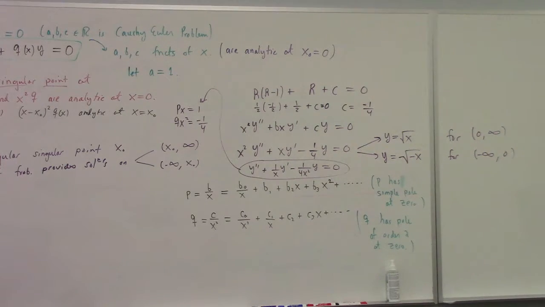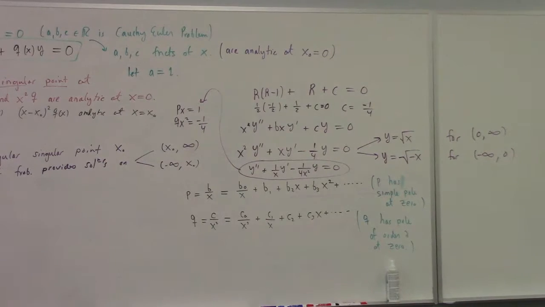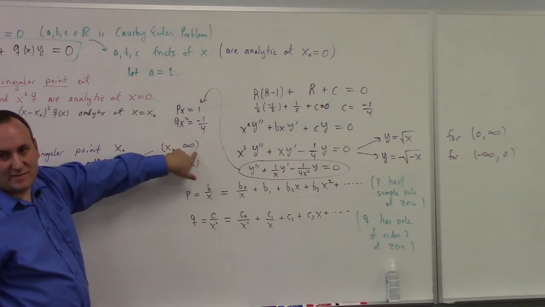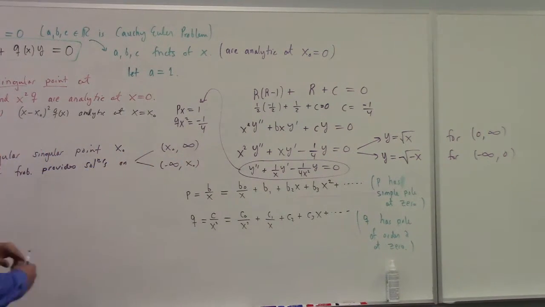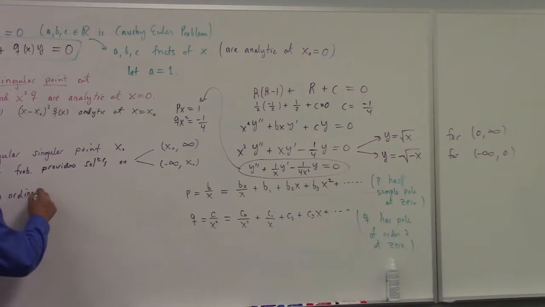So that's one theorem. The method we're going to look at will give us solutions from the singular point out to infinity one way or the other. I typically focus just on this case because if you understand this case, you can put minuses in places and get the other. The other theorem, which is very important, is that if star has an ordinary point, what's an ordinary point?